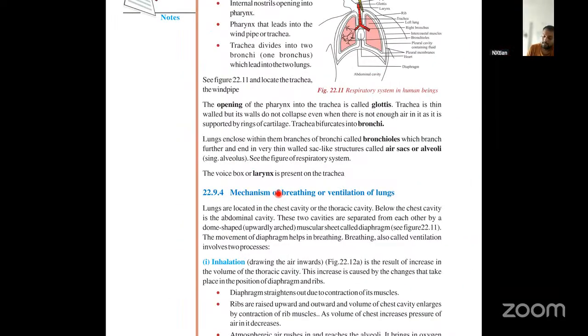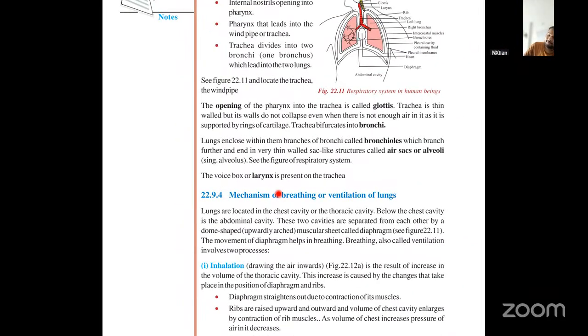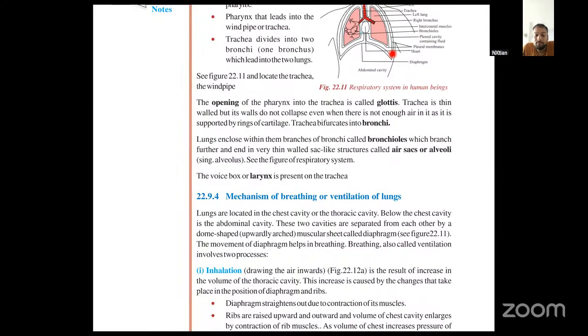So you can see that there is a muscular organ, the diaphragm, which regulates our breathing process. When I am breathing in, so that the maximum air can come in, it becomes dome shape, so the lungs can expand.